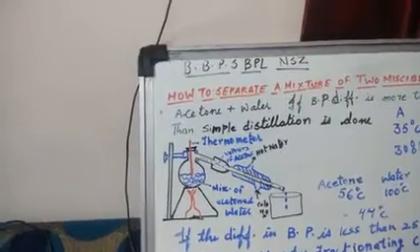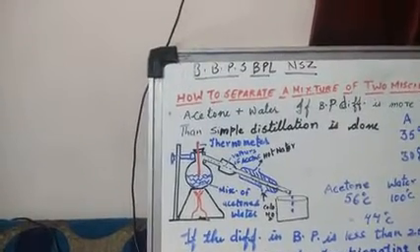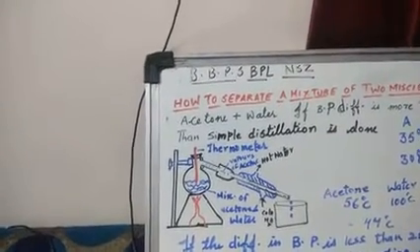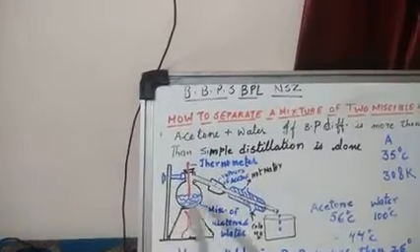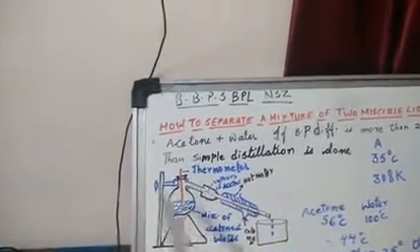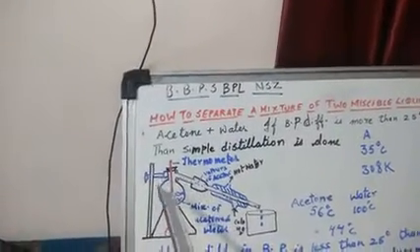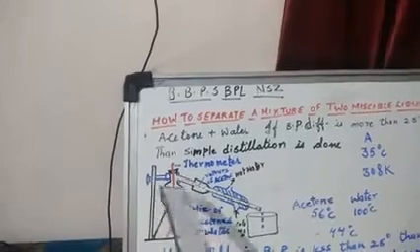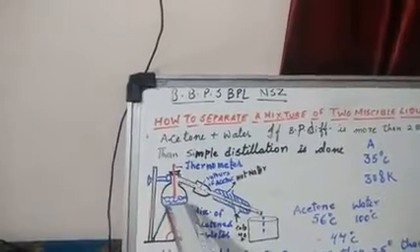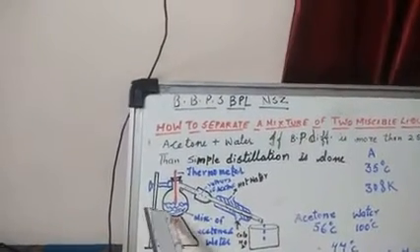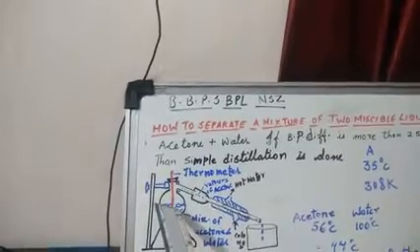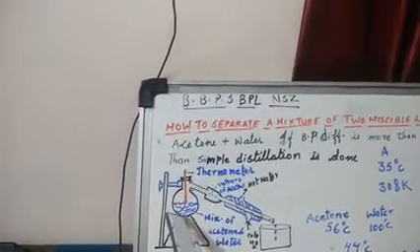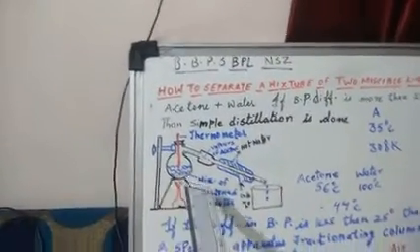So below 100 degrees it will not boil. Only at 56 degrees Celsius, as the temperature is rising, we cannot deal with exact measurement in the thermometer. So if you are providing heat, temperature can rise up to 60 or 65 degrees, no problem, because the difference is above 25 degrees.